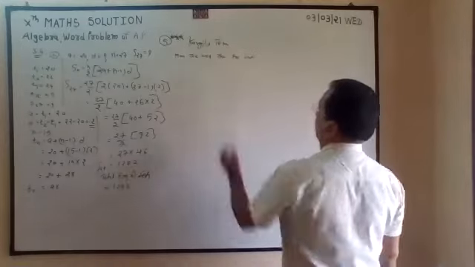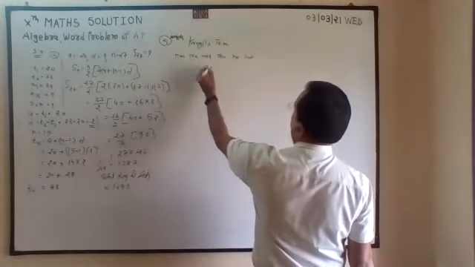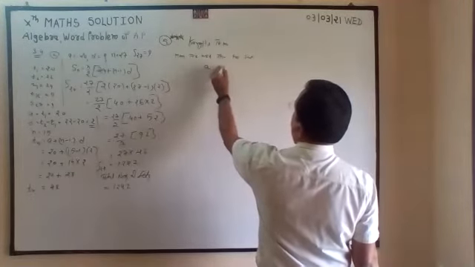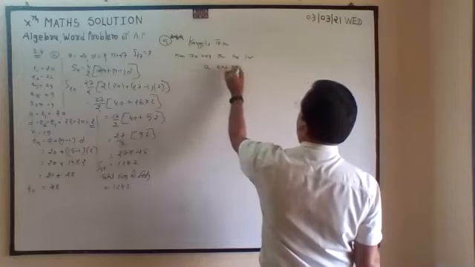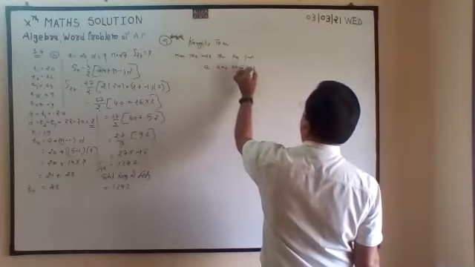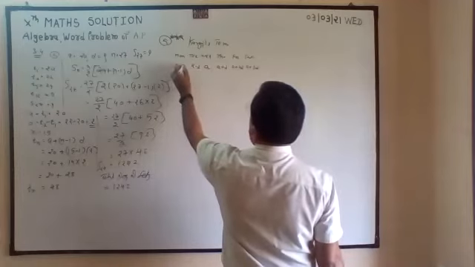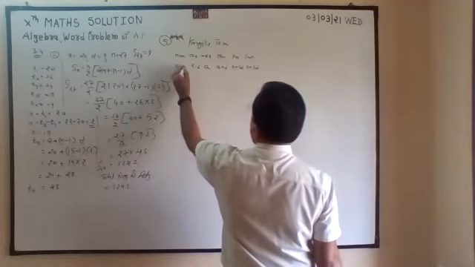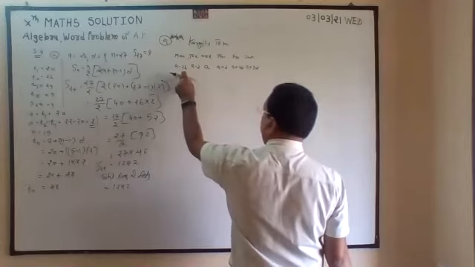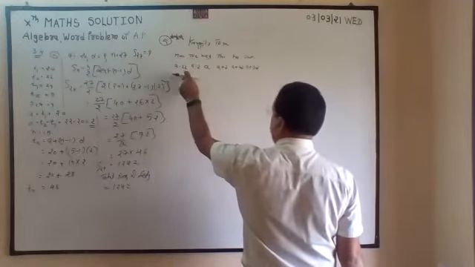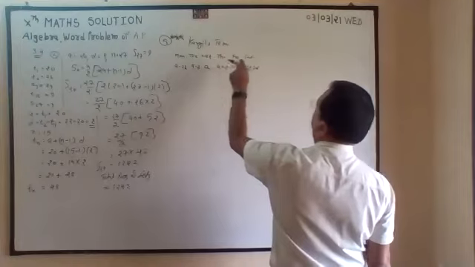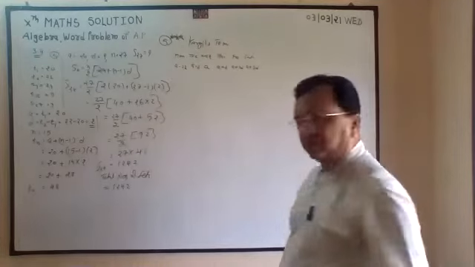Anyone you can select as A, then in increasing order: A minus D, A, A plus D. You can start with A, A plus D, A plus 2D, A plus 3D, A plus 4D, A plus 5D. That also you can do.